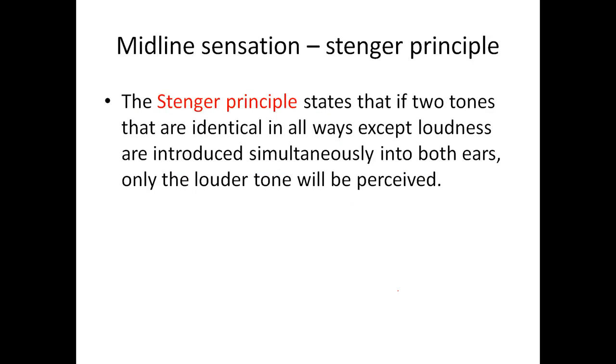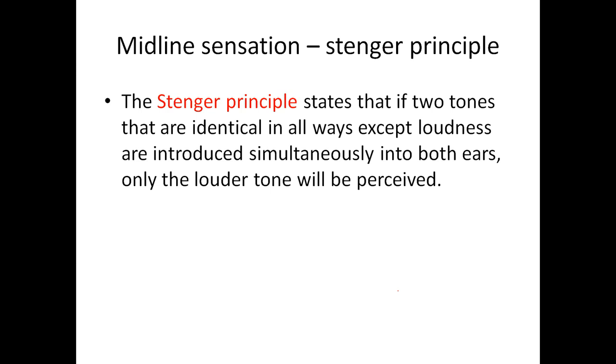So midline sensation, how is the midline sensation happening? Because here we need to know the Stenger principle. Stenger principle says that when you are giving two identical tones, that means a 1 kilohertz frequency in one ear, and the other ear also 1 kilohertz frequency with the same phase, at the same time, introduced simultaneously in both ears, only the louder tone will be perceived.